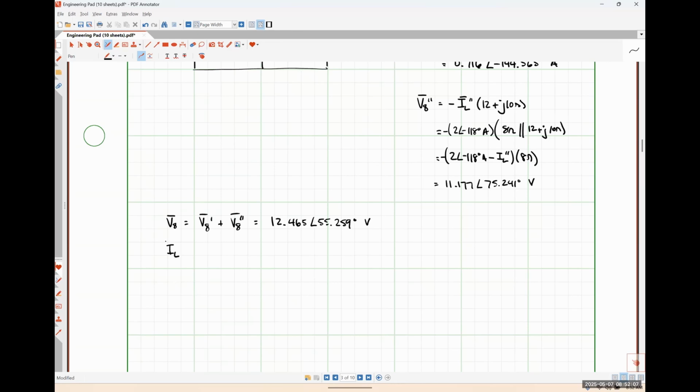And similarly, IL was just going to be IL single prime plus IL double prime, which is what I have stored in my calculator as B and D. So B plus D gives me 0.488 with an angle of negative 95.999.